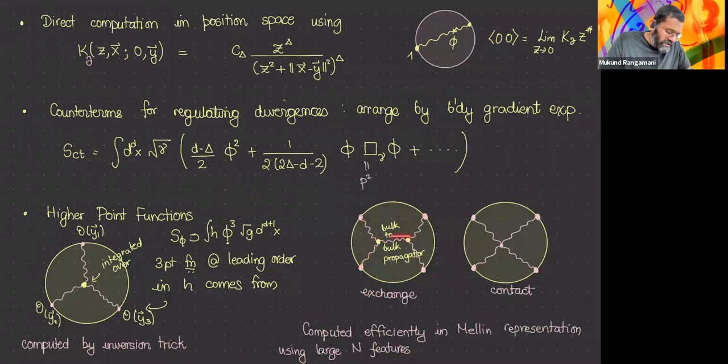Because you can act with a bulk equation of motion and convert this to a delta function and push it to the boundary. This is very important in understanding some of the recent bootstrap stuff in AdS CFT. Large N analytic bootstrap results are crucially contained in here. Thanks.